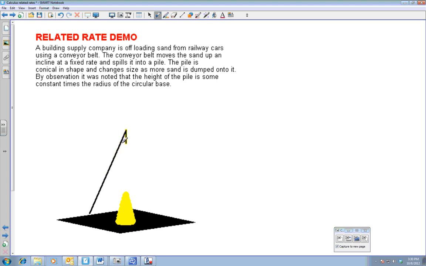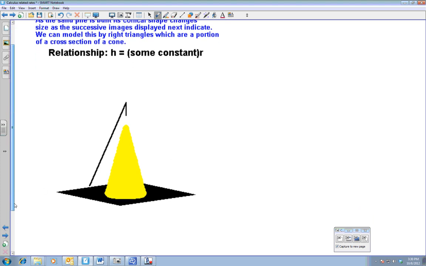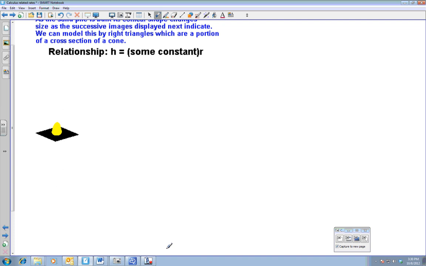Here's my belt with sand going up. Here's the sand falling. As the sand comes up and falls, it's forming this cone. Okay, as more sand falls, my cone is going to get bigger and bigger and bigger. And pretty soon they're going to show you different pictures.